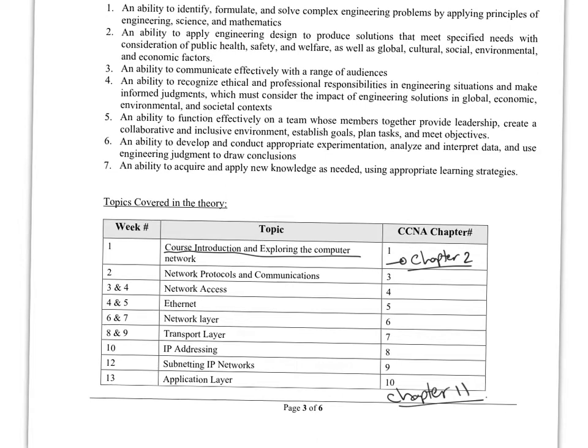And so on. And then we're going to be talking about the definition of a protocol, which is the basic ingredient of any network layer function. And then we will go through the layers one by one. So first, the network access layer, network layer, transport layer, and then at the end, the application layer.